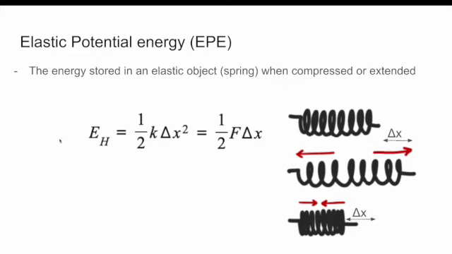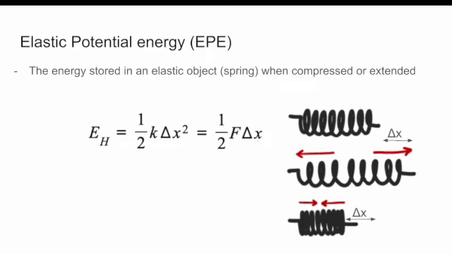We calculate this using half times k times delta x squared, where delta x is the difference in displacement between the two positions. K is the spring constant that's given to you in the question. We can also rewrite this using Hooke's law as half times F delta x, as Hooke's law says that the force is equal to negative k times x.